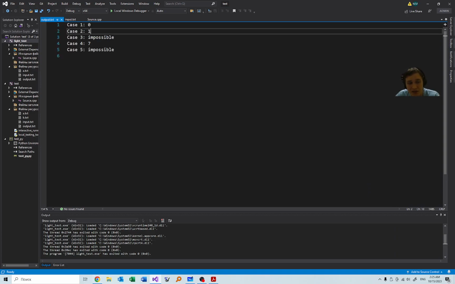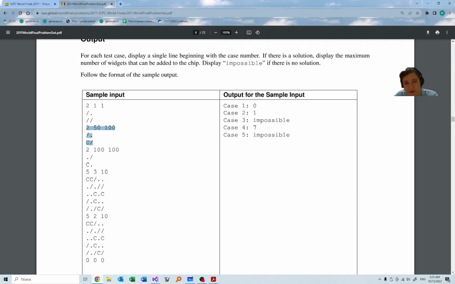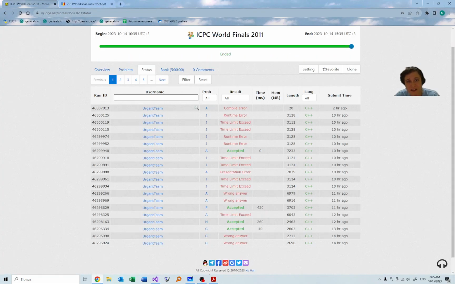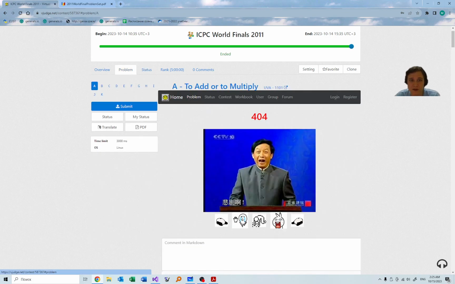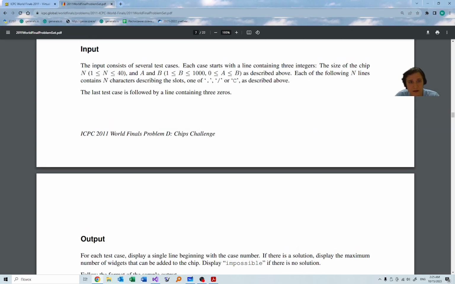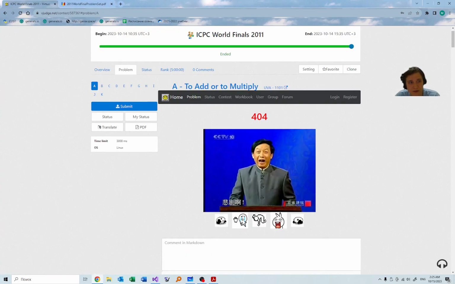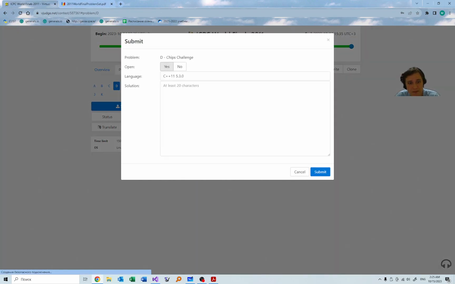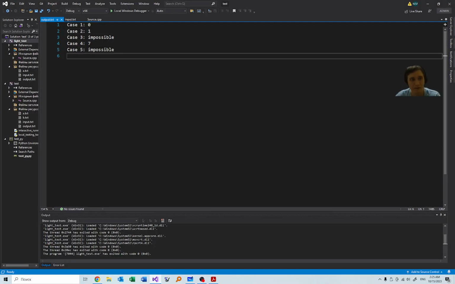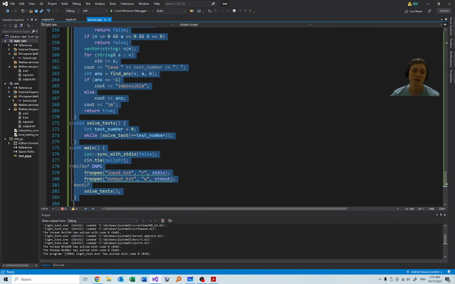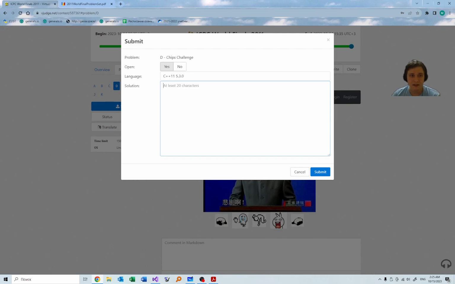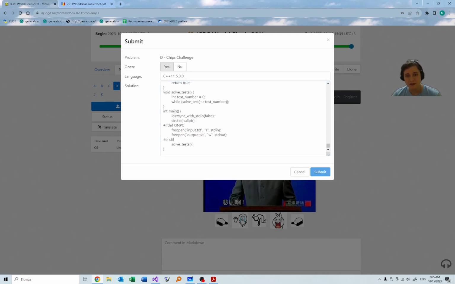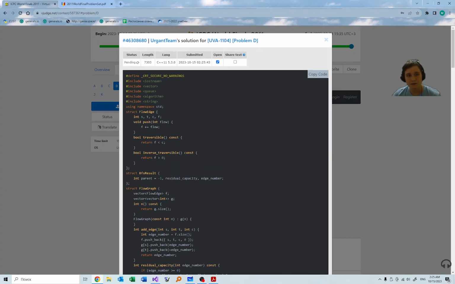I think we can even submit it because I'm tired. I really do not want to debug it. And this is upsolving, so we are more than fine to send it. So problem D, submit. And this tasty thing is going to be submitted.